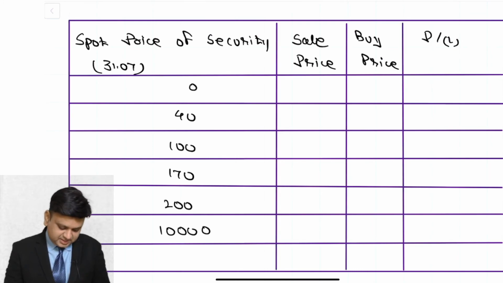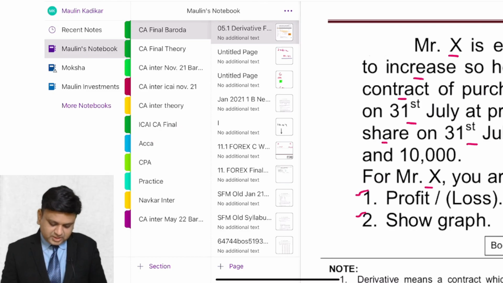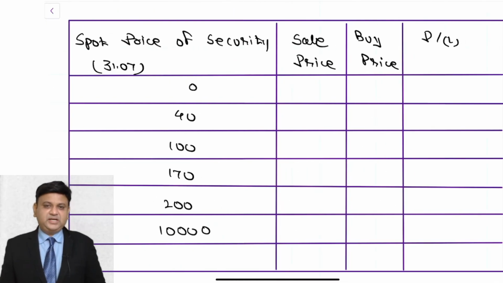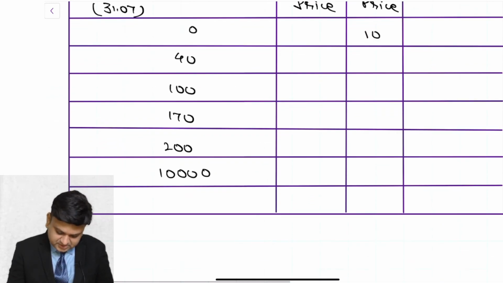Over here we understand that Mr. X is having a contract to purchase a security at the rate of 100 rupees. So again we have a simple assumption that we are going to buy on the last day only. So 100 rupees is the price at which you are going to buy.